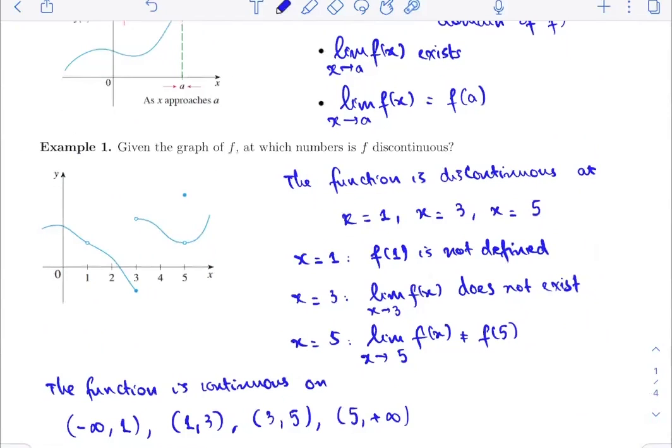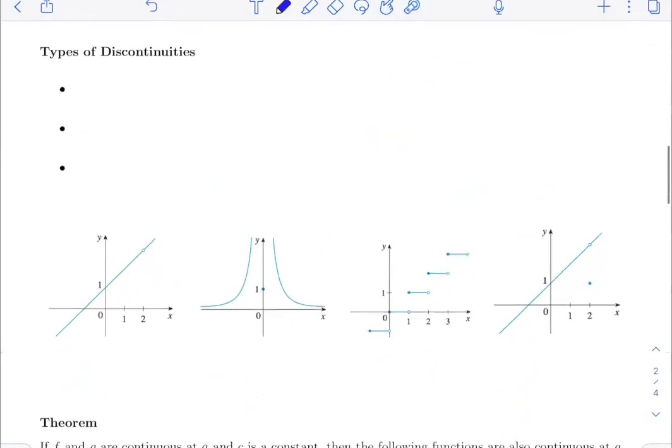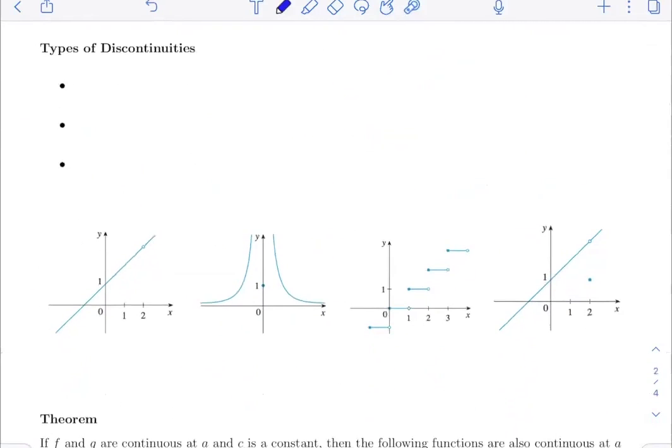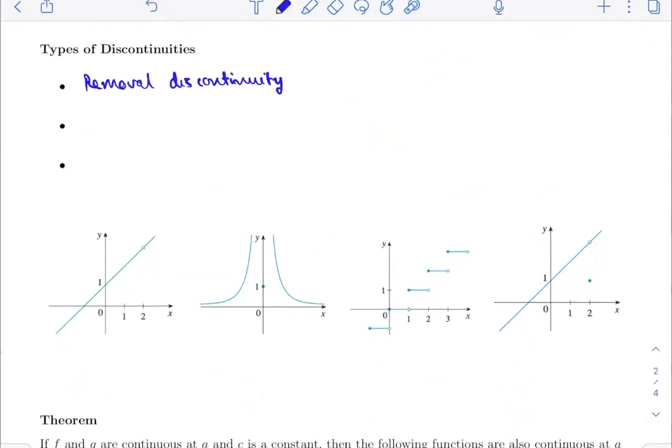Now let's move on to different types of discontinuity. There are three types of discontinuity. The first one is called removable discontinuity. You can recognize this type of discontinuity when you look at the graph and identify that there are some holes, and at the same time, the limit has to exist.